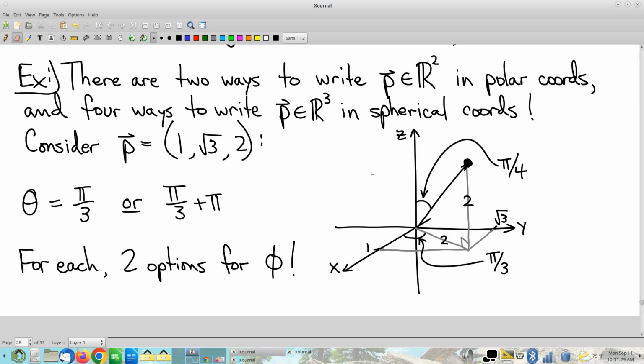Aside from that, there are 2 different ways to write down a point in polar coordinates. There's the one where the angle is going right at your point, and then there's the one where the angle is going exactly opposite the point and you use a negative value of the r coordinate. With spherical coordinates, there are kind of 4.